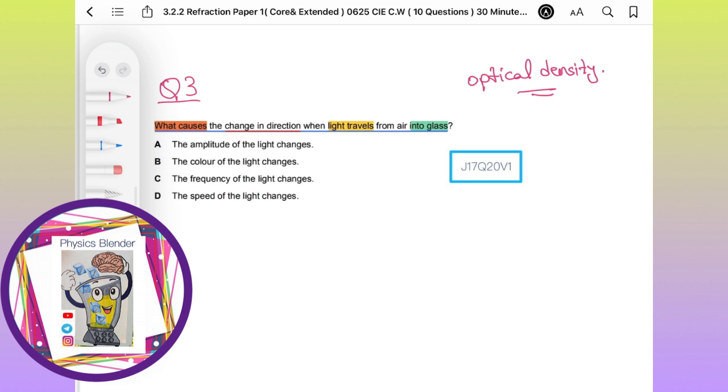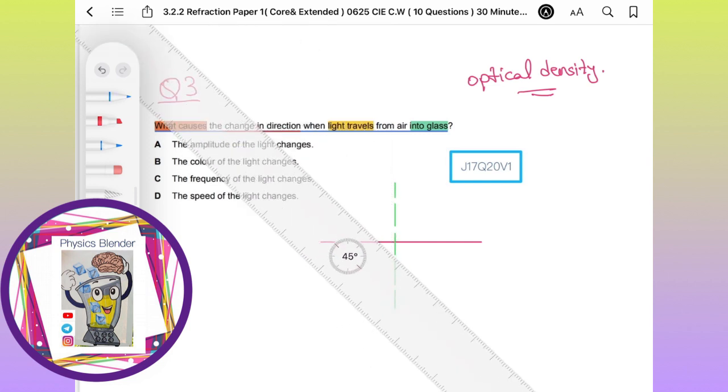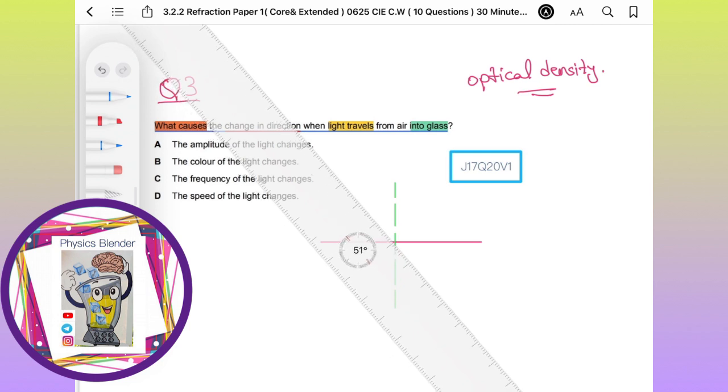For example, if we have two different media like glass and air, we have the boundary and we have the normal line, which is perpendicular, at right angle to the boundary, and we have a light ray traveling from air into glass, for example.